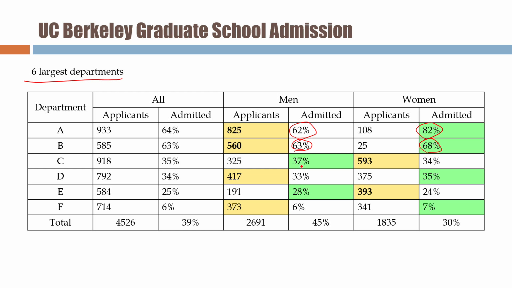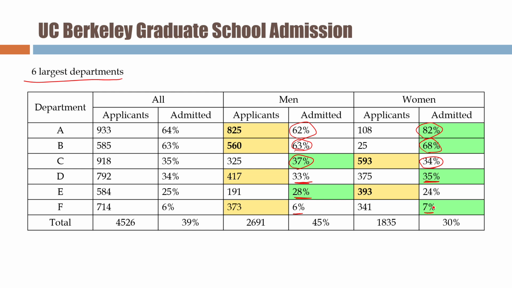Department C, men got a higher admission rate. Women got a little lower, but not a lot different. Department D is pretty similar, but women got a little higher. Department E, men got higher, but not a lot different. And then in department F, women got a slightly higher admission rate.